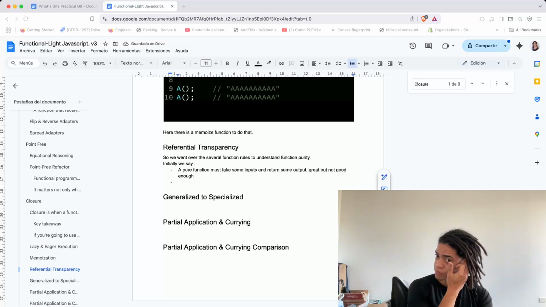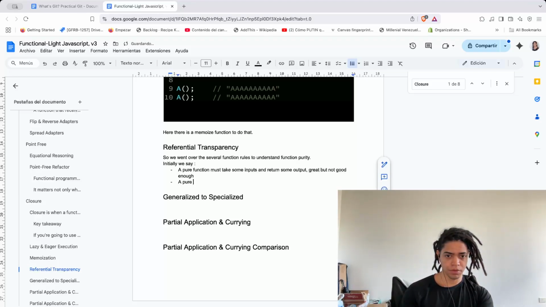That's where we started at the very, very beginning. That was good, but not good enough. And then we said, well, no, actually, it needs to have a relationship between the inputs and the output. So a pure function must have a relationship between the input and the computed output.